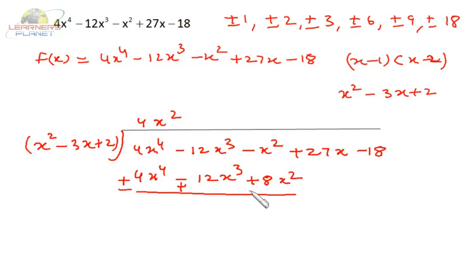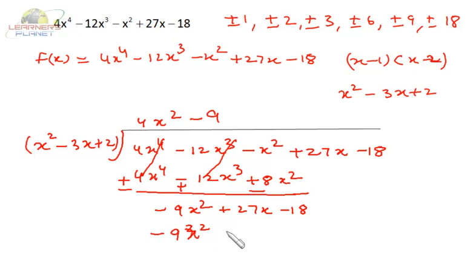Change the sign. So this will be cancelled and even this will be cancelled. So we are left with minus 9x square. Now let's take 27x and 18. Okay. Now I can write minus 9 over here. So minus 9 into x square is minus 9x square.